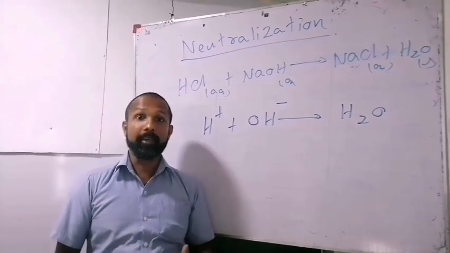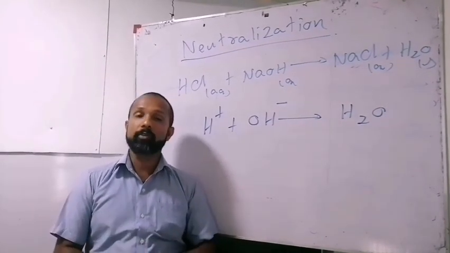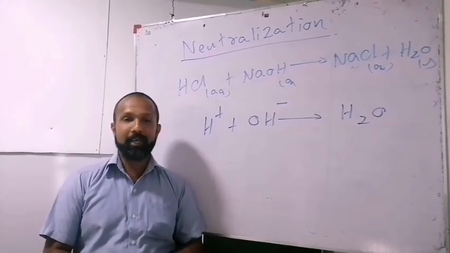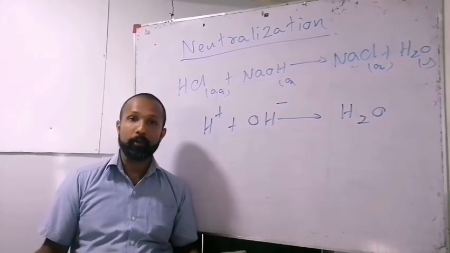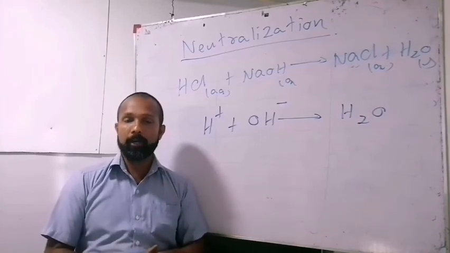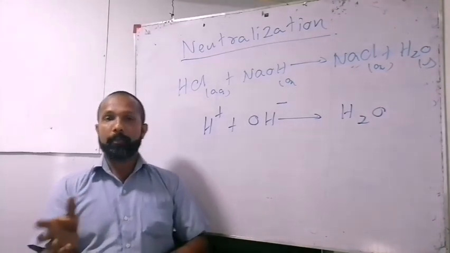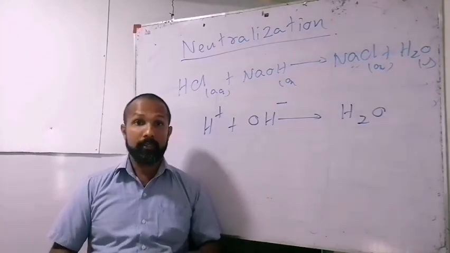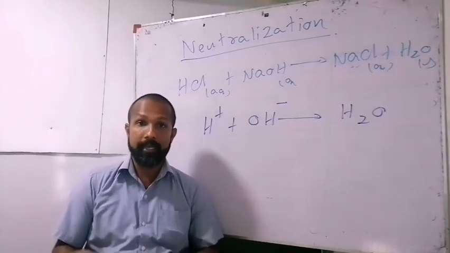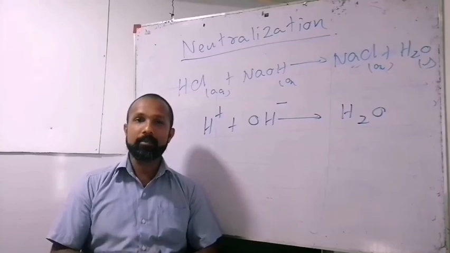There are many uses of acid-base neutralization reactions. We use them in our day-to-day life for practical purposes. For example, as I mentioned earlier, patients having gastritis take magnesium hydroxide.